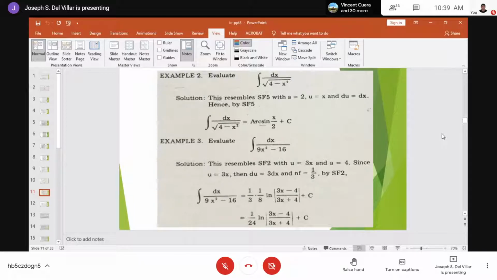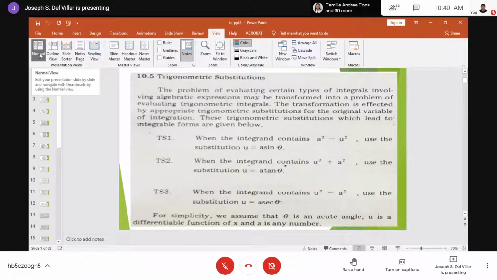So you balance it now: you have 3dx and then 1/3 on the other side. Now the variable comes first, squared, so let's see. Variable squared minus constant squared.